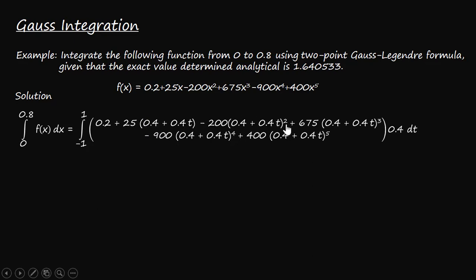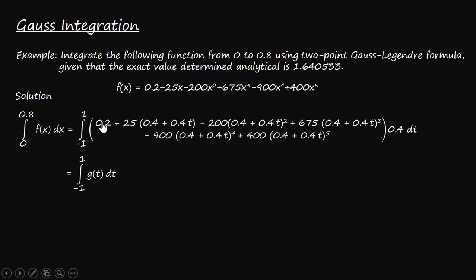Instead of x square we are writing (0.4 plus 0.4t) squared, plus 675 multiplied with (0.4 plus 0.4t) whole power 3, minus 900 multiplied with (0.4 plus 0.4t) whole power 4, plus 400 multiplied with (0.4 plus 0.4t) whole power 5. Now multiplied with 0.4 dt, this is the value for the dx.